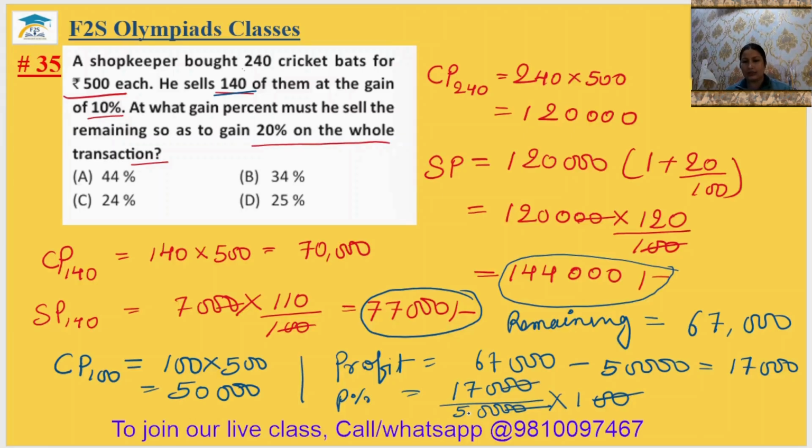Again 20 is cancelled out. 170 divided by 5, you will get 34%. So it means the remaining 100 bats the shopkeeper needs to sell at 34% so that he can gain 20% profit on the whole transaction. So 35th answer will be option B.